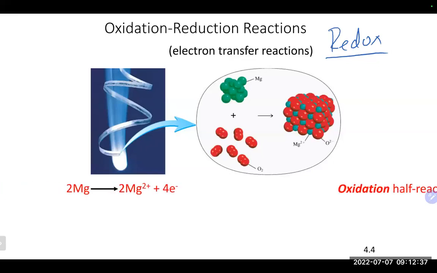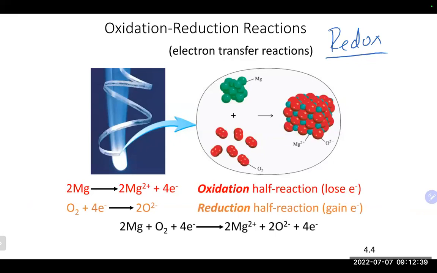Redox reactions are oxidation-reduction reactions. Oxidation has several meanings, but the meaning that we come across the most here is something that will lose electrons. So oxidation is something that will lose electrons. Reduction is something that will gain electrons.